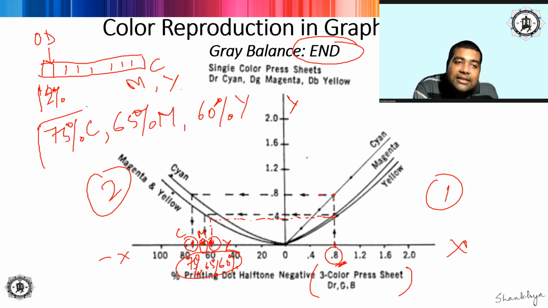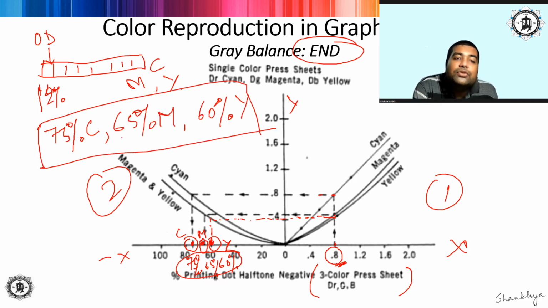When these separation negatives are used together to create plates, ultimately what will happen when they overlap with each other, the resulting gray that will be formed is not only a neutral gray, but the density of such a gray will be 0.8 neutral gray.